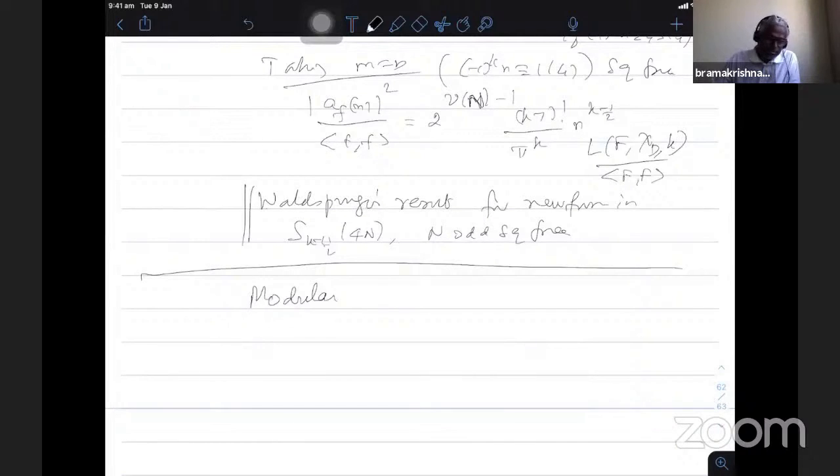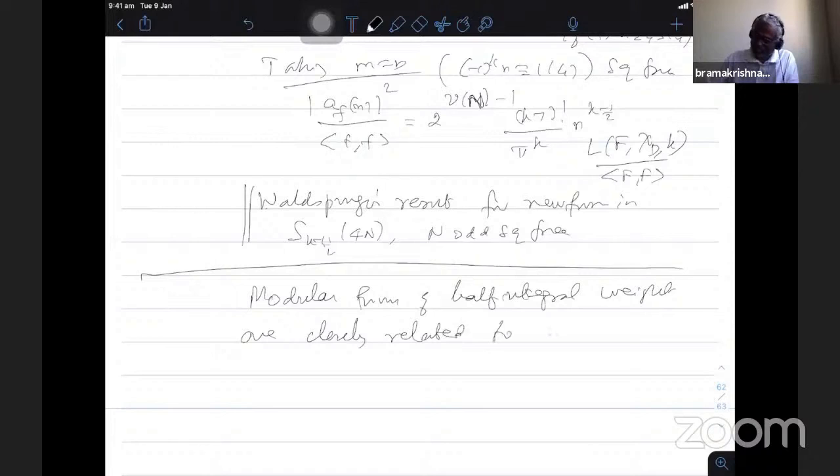I'm not going into the details. Any modular forms of half integral weight are related to something called Jacobi forms. In some sense, they are one and the same.